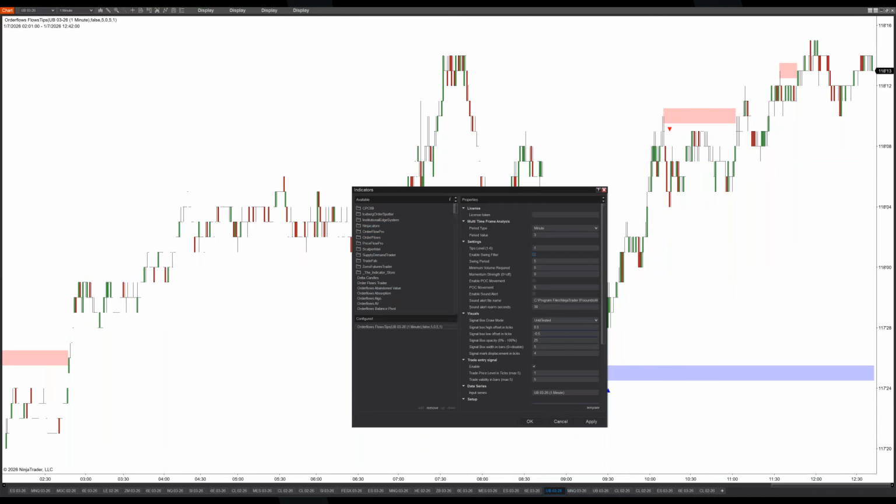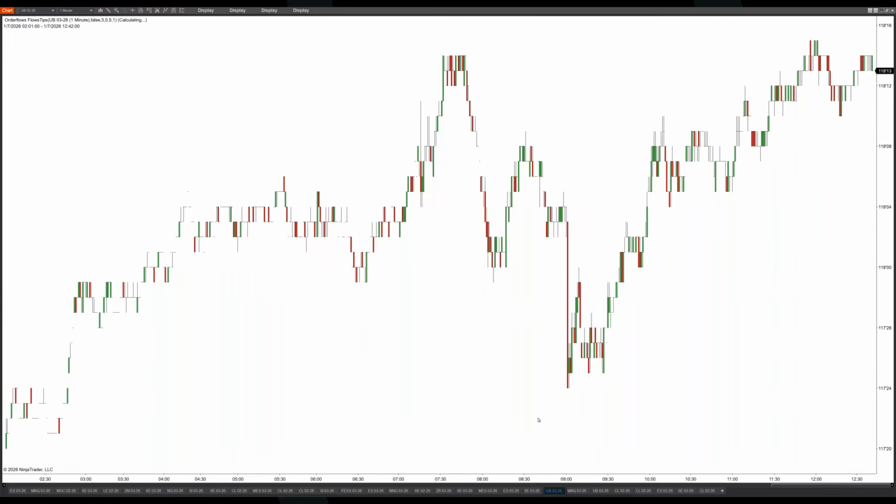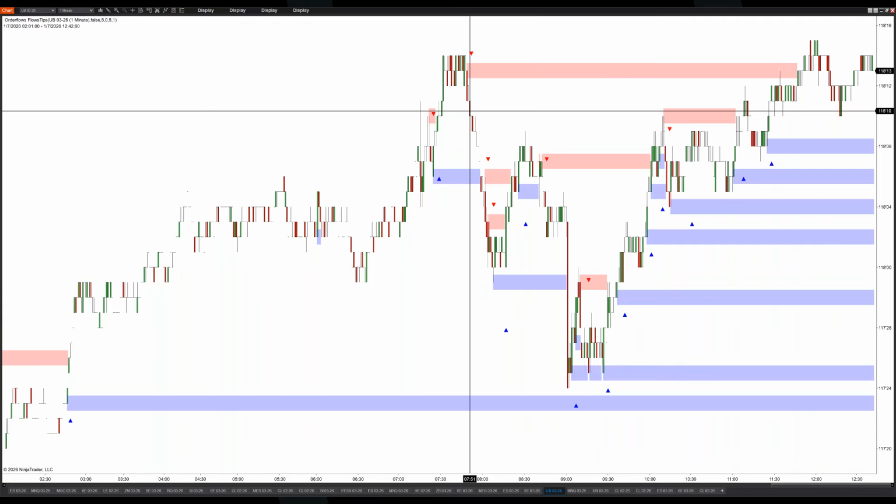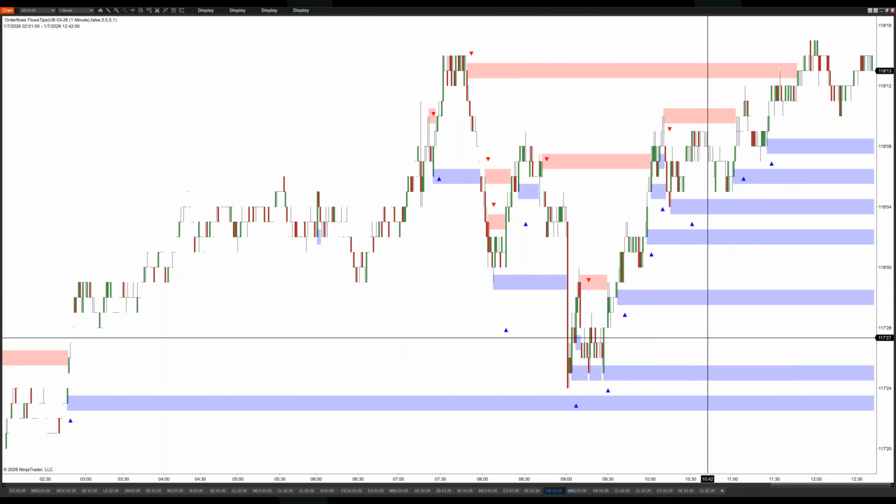Turn that off. So you got just tips level of 1. Everything else, I mean, still got the minimum volume, but that's fine. It trades enough contracts. Momentum strength off.